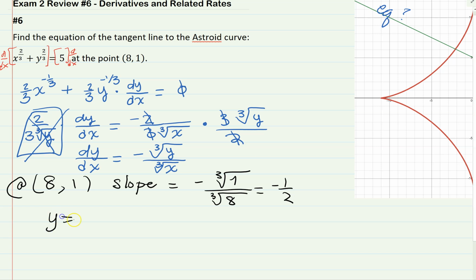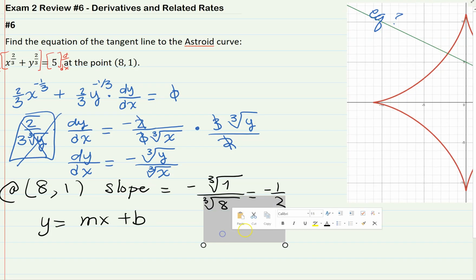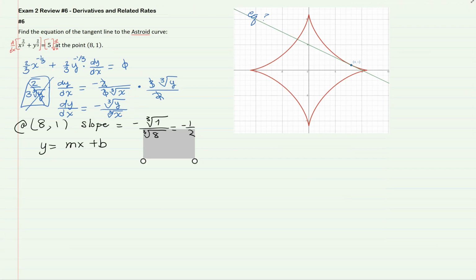And then y equals mx plus b. m is negative 1/2. And b is something that we're looking for when we plug in x and y. So 1 is equal to negative 1/2 times 8 plus b, that is negative 4, added over, b is equal to 5.